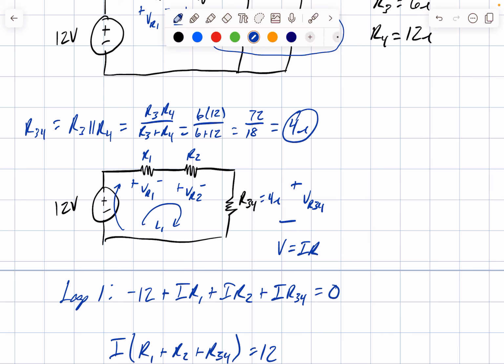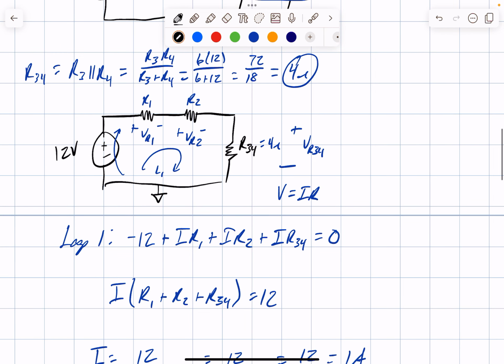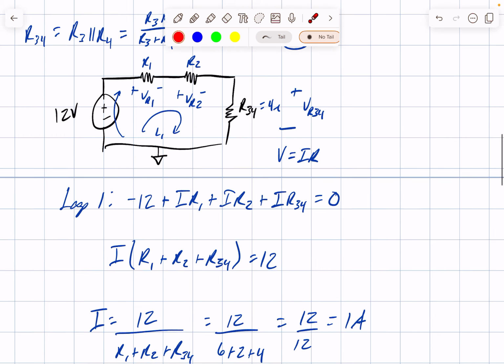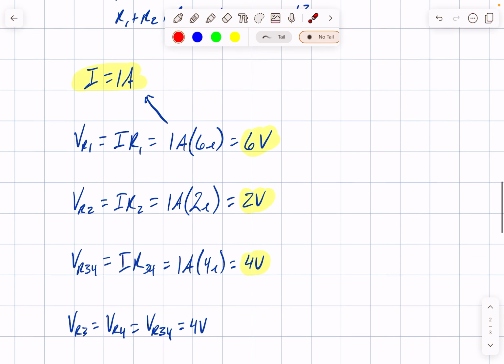To reference this as the ground, we can put a small triangle here, which means ground. Since we calculated the voltage drop across all of these resistors, if we subtract each one from the input voltage, this should equal 0, which is ground, which means that we have solved the circuit correctly.